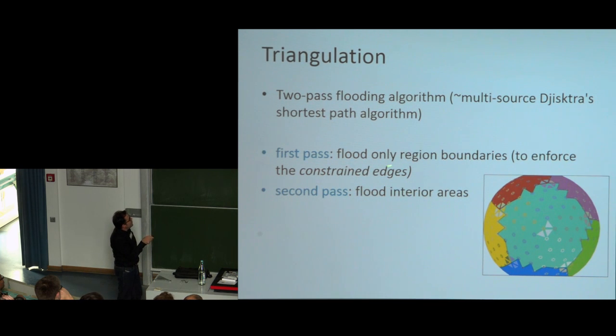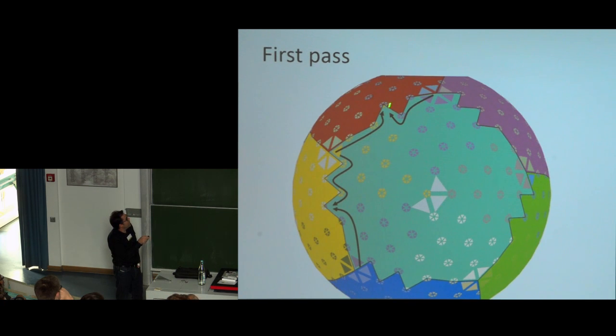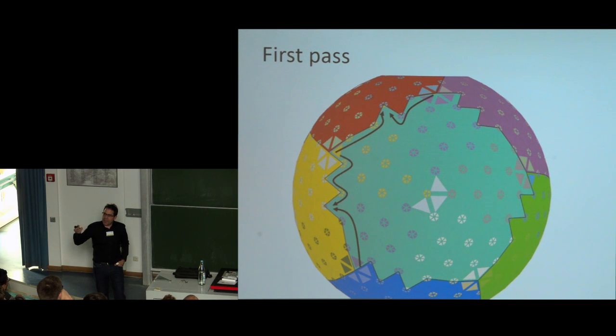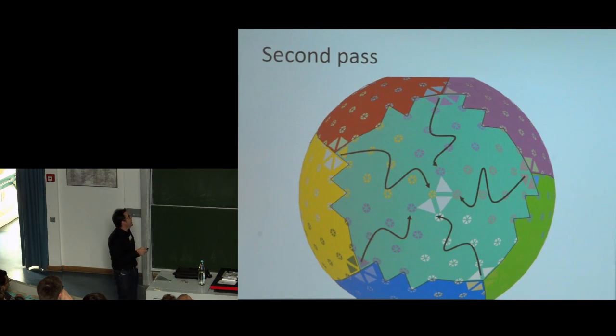In the first pass, we flood only the region boundaries. We tackle these wedges over here. We flood first only on the boundaries. And where these two fronts meet, we add an edge between this vertex and that vertex. Then we flood the interior to mimic a kind of discrete Voronoi diagram.